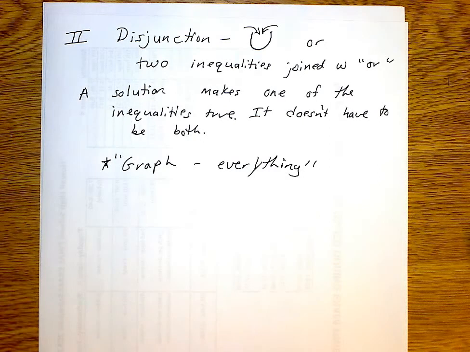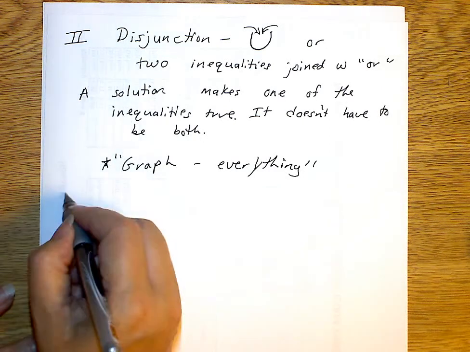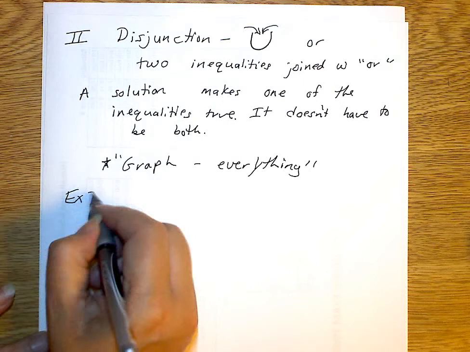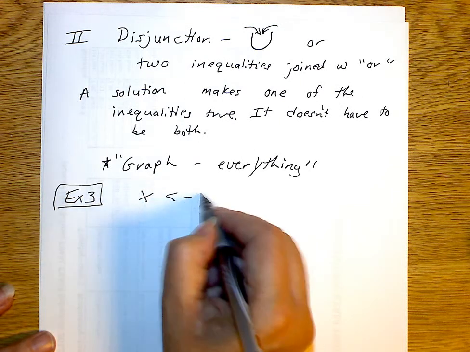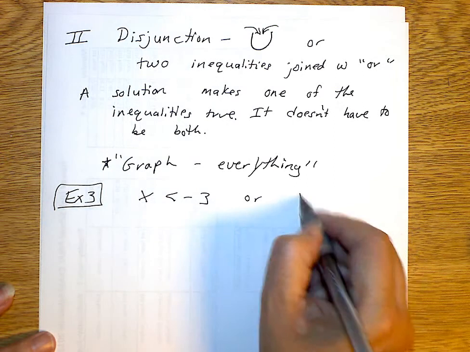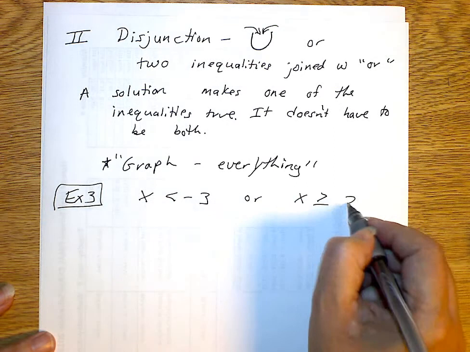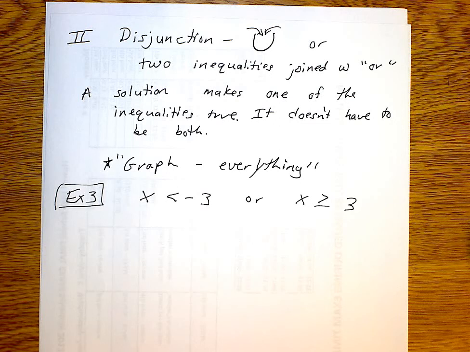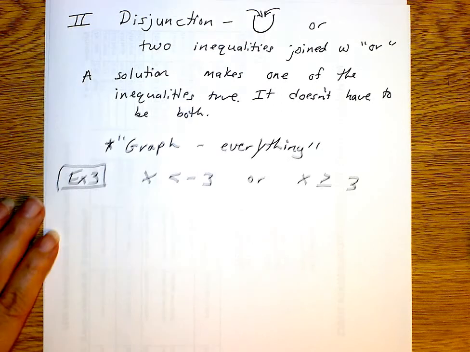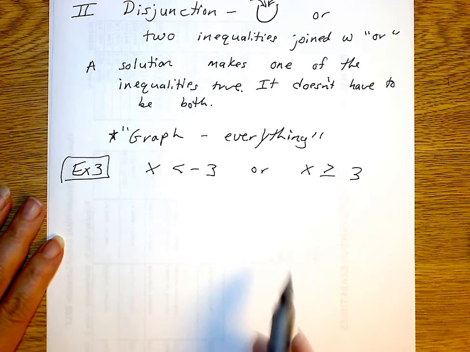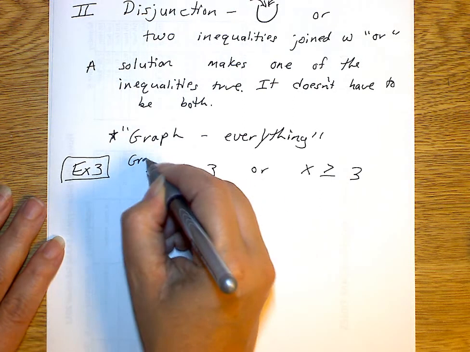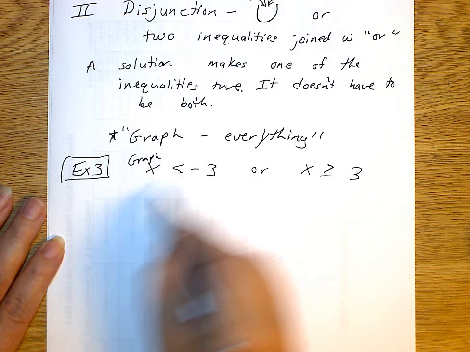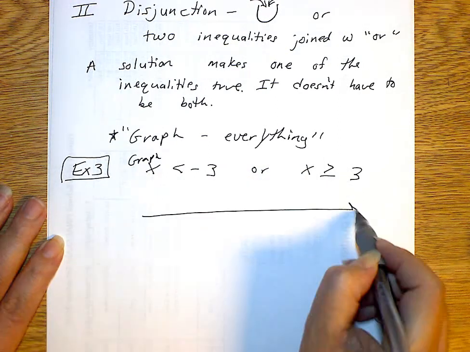Alright, so what does this look like? Example 3 that we have. X is less than negative 3 or X is greater than or equal to 3. Since we are graphing everything, you can just do it on one number line.